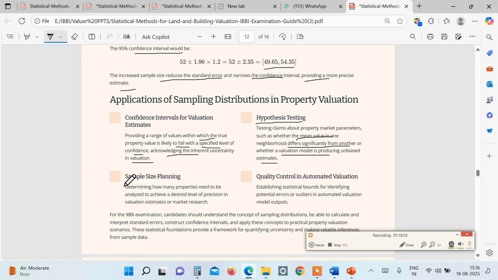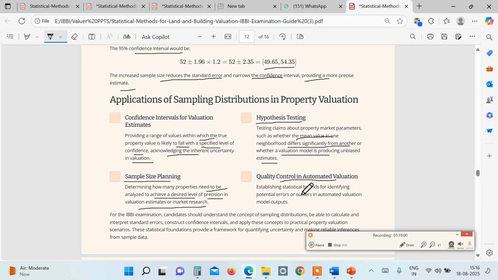Then sample size planning, determining how many properties need to be analyzed to achieve a desired level of precision in valuation estimates or market research. And for quality control in automated valuation, you use sampling distribution, establishing statistical bounds for identifying potential errors or outliers in automated valuation models.